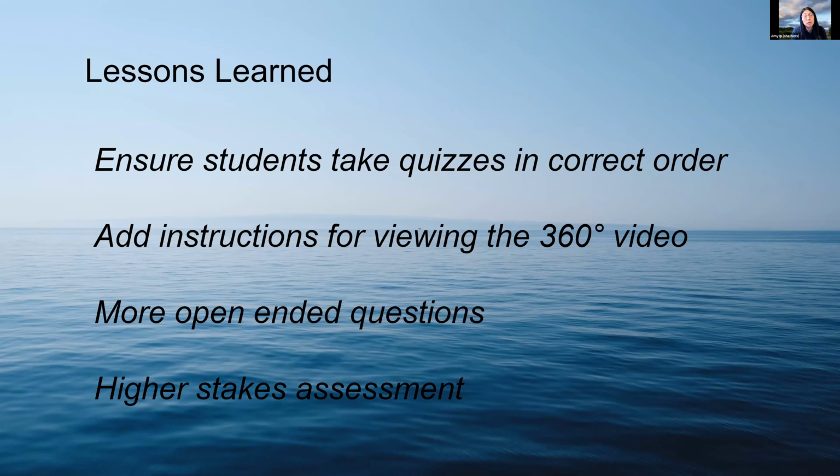I would probably add instructions about viewing a 360 video, make sure that they do look around and not just stare at one place. Next time if I prepare the module in the same way, I might ask for more open-ended questions so that it's not just clicking an answer. And it might be worth exploring making this a higher stakes assessment.